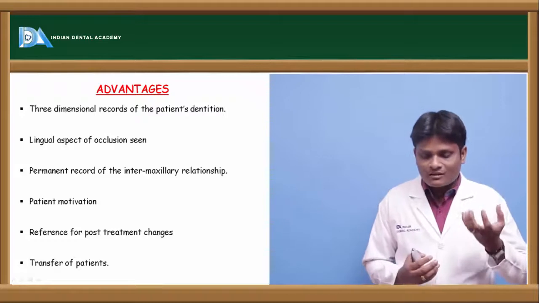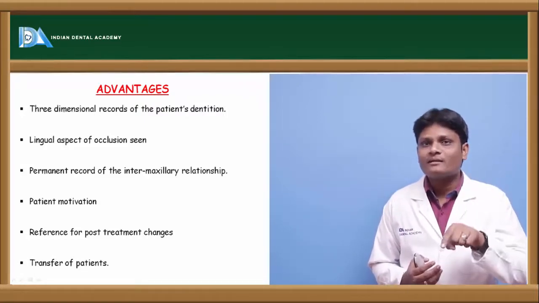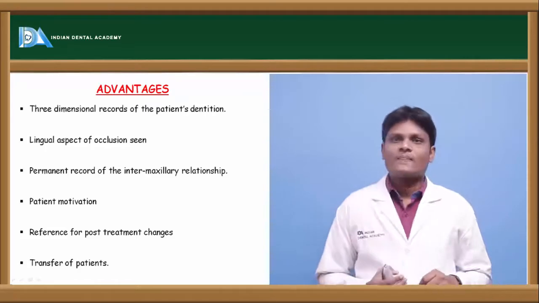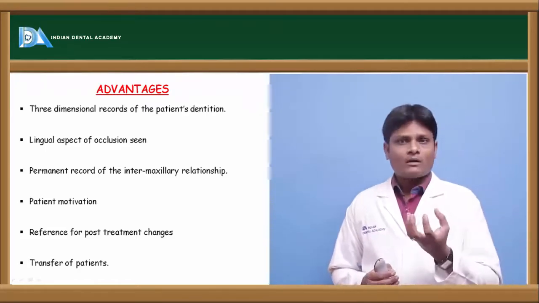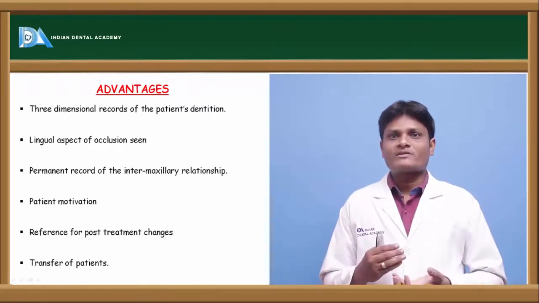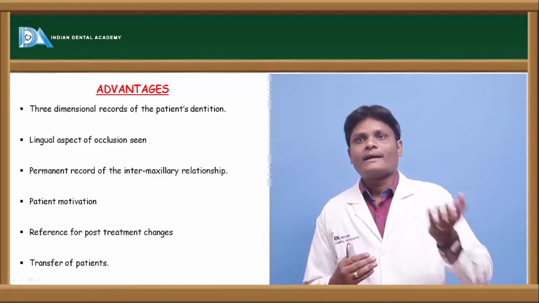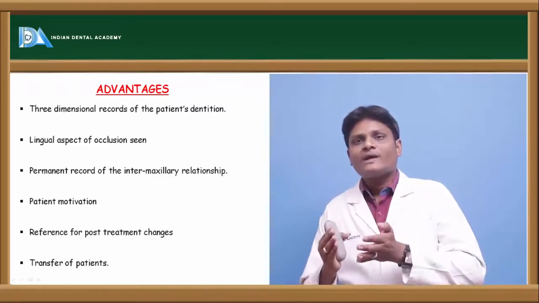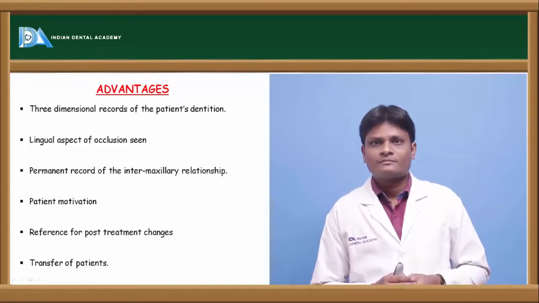In the patient, we can't observe the relationship of the teeth from the lingual aspect, which can be done by using study models. And they serve as a permanent record for that particular patient during the entire course of the treatment, so that at the end of the treatment, we can compare the patient's dentition before and after the treatment.